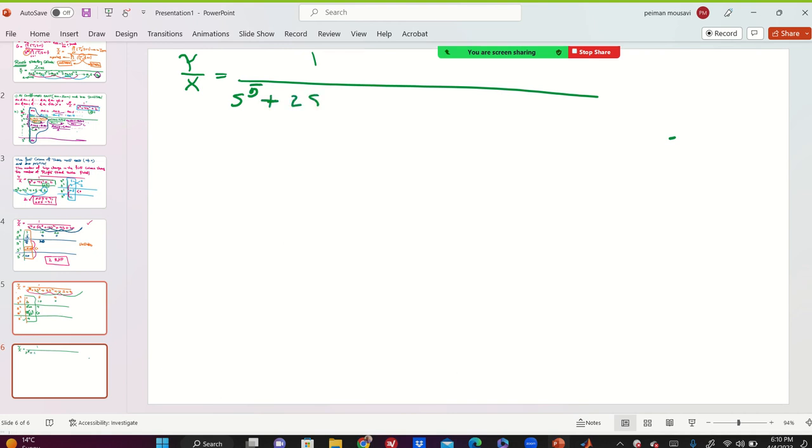plus 2S4 plus 5S cubed plus S square plus S plus.